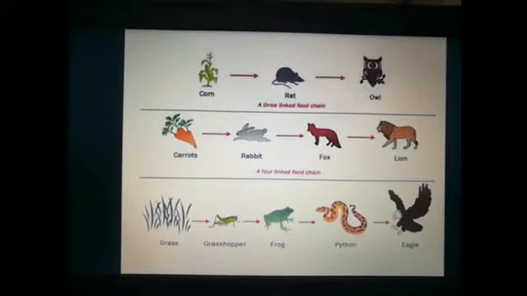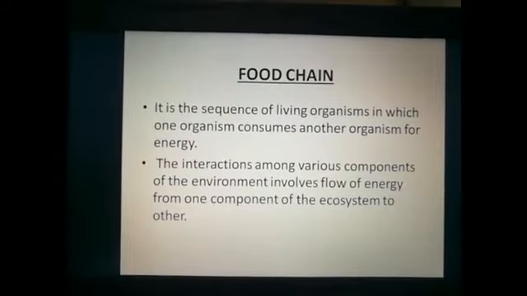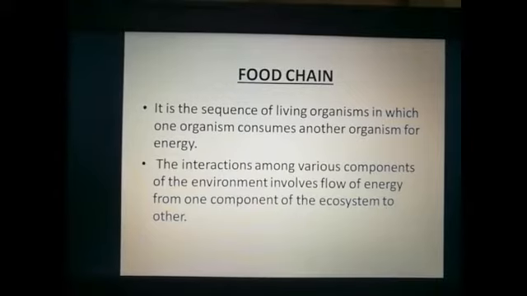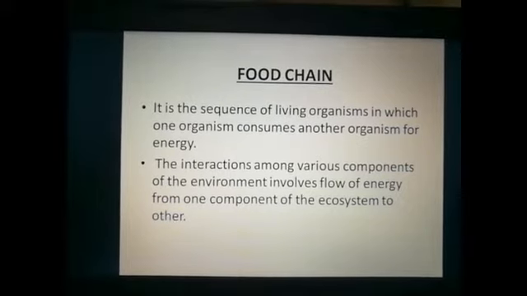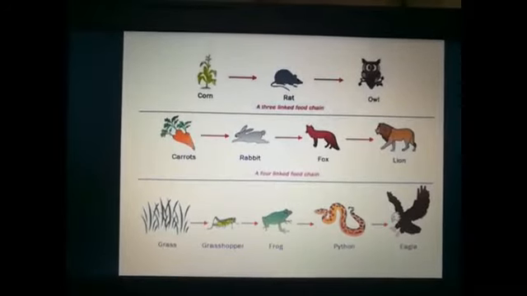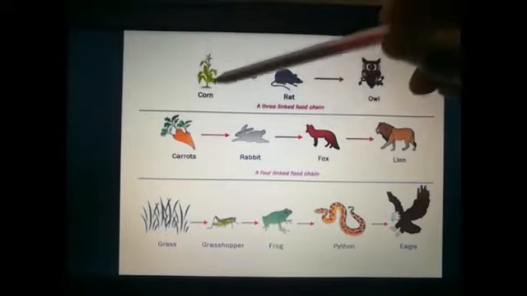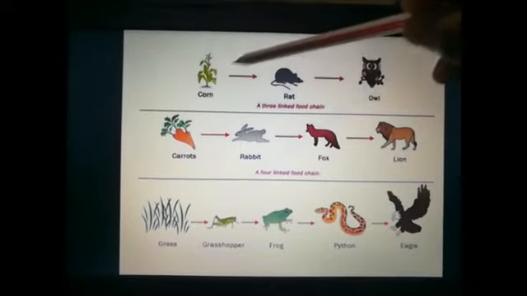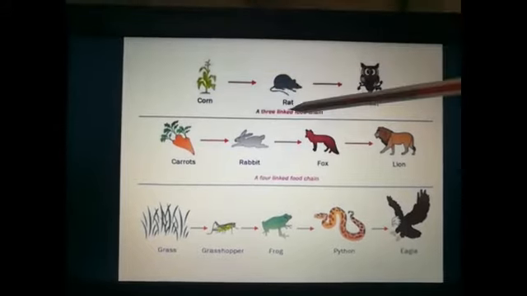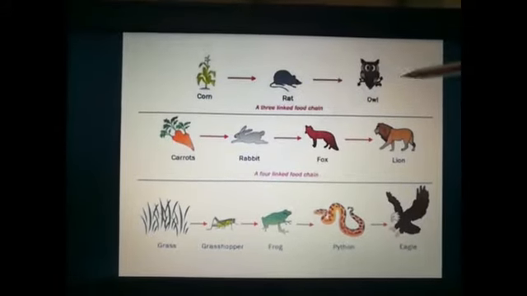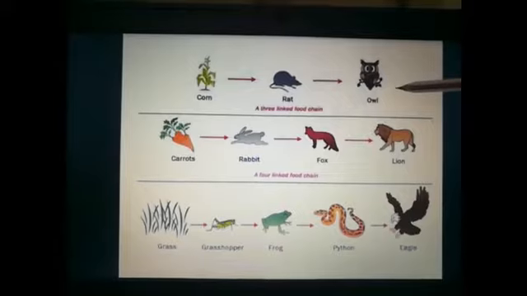Once again we look at the definition. It is a sequence of living organisms in which one organism consumes another organism for energy. Here you can see a rat consumes a plant, and the rat itself is preyed upon by an owl for its food.